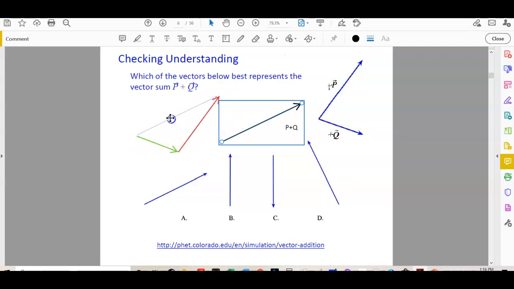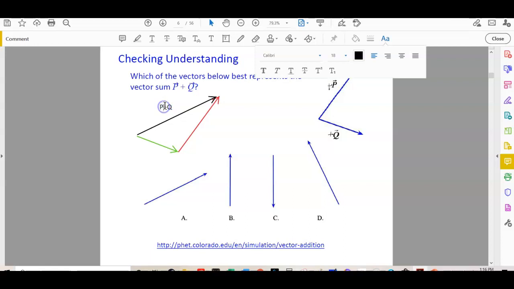Well, that also results in the same thing, except this is not P plus Q, this is Q plus P, right?